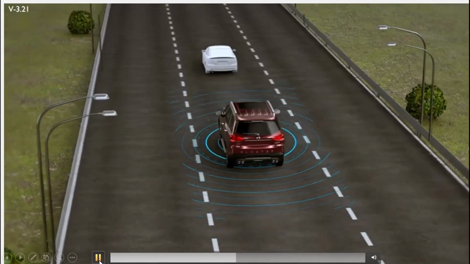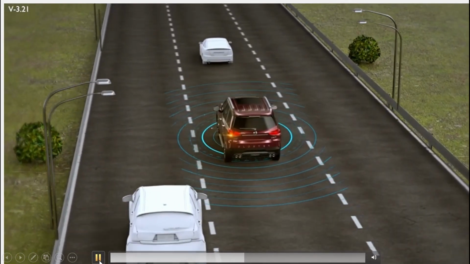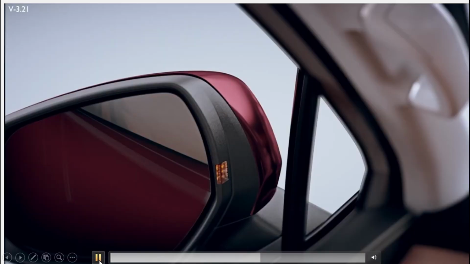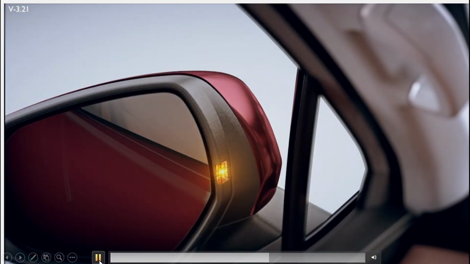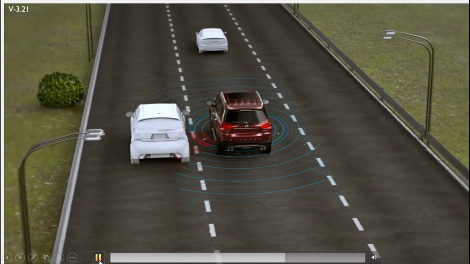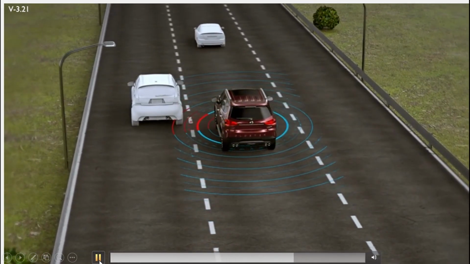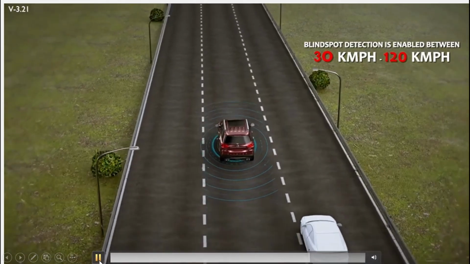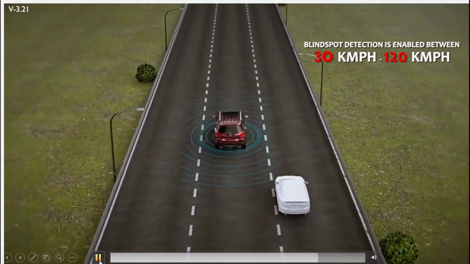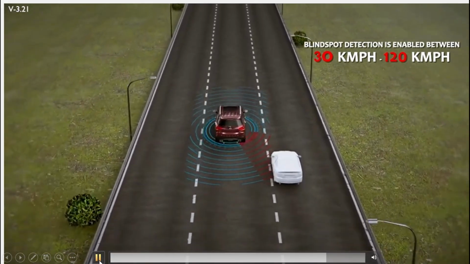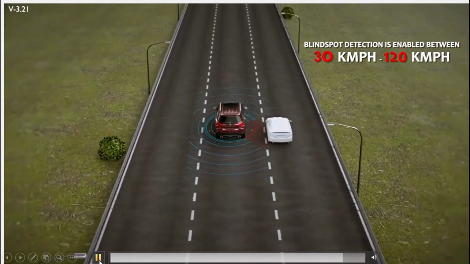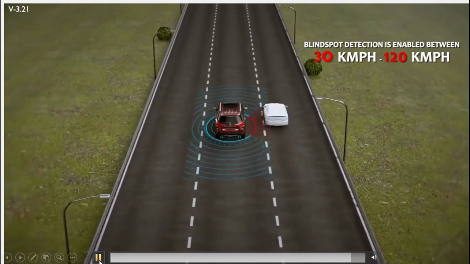When there is an approaching vehicle in the left or right adjacent area and you intend to change the lane by turning on the indicator, the warning lamp on the corresponding ORVM will start flashing. The system alerts the driver of potentially hidden vehicles by displaying a visual signal on the ORVM. Blind spot warning is based on radar system. The BSD will be enabled when the vehicle speed is above 30 km per hour and below 120 km per hour.